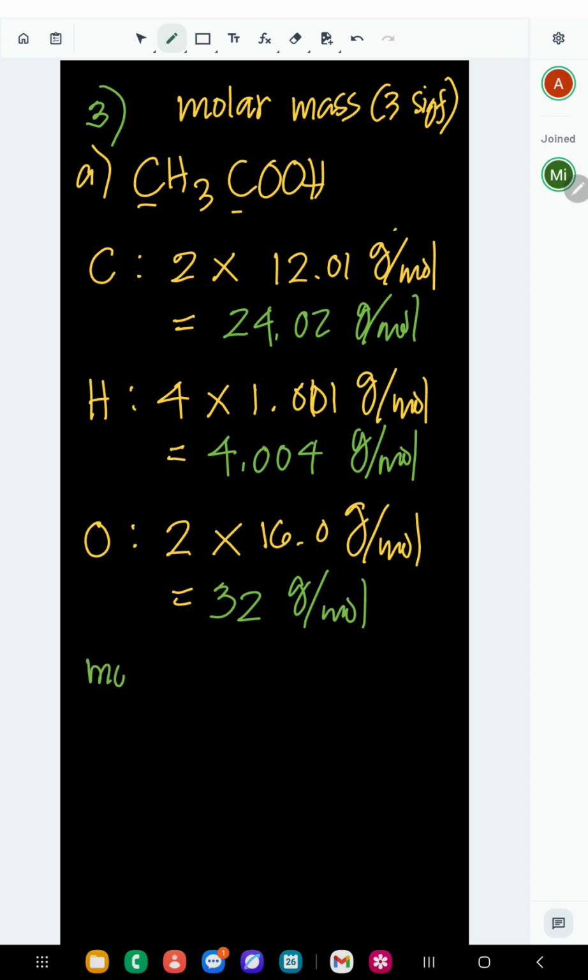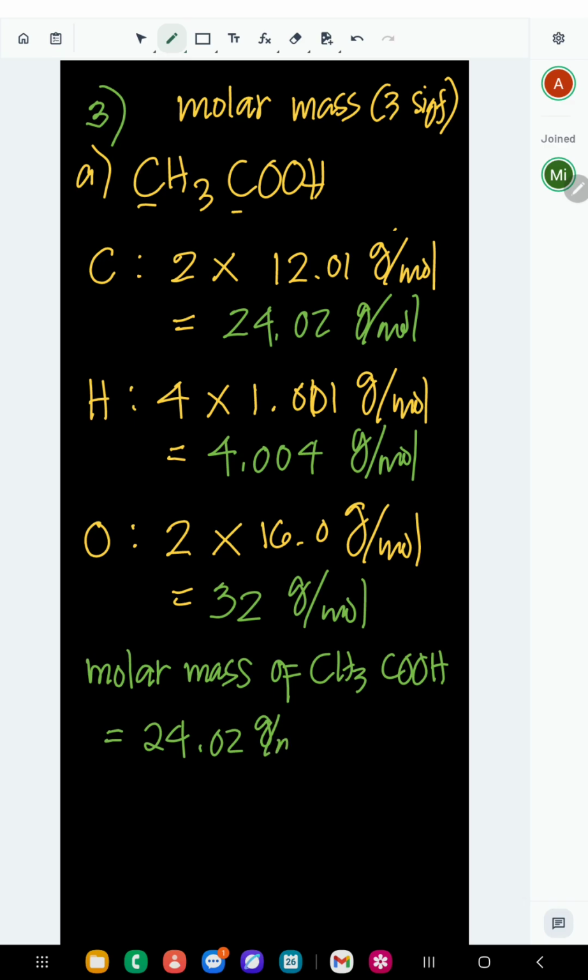So the molar mass of CH3COOH is equal to 24.02 grams per mole plus 4.004 grams per mole plus 32 grams per mole.